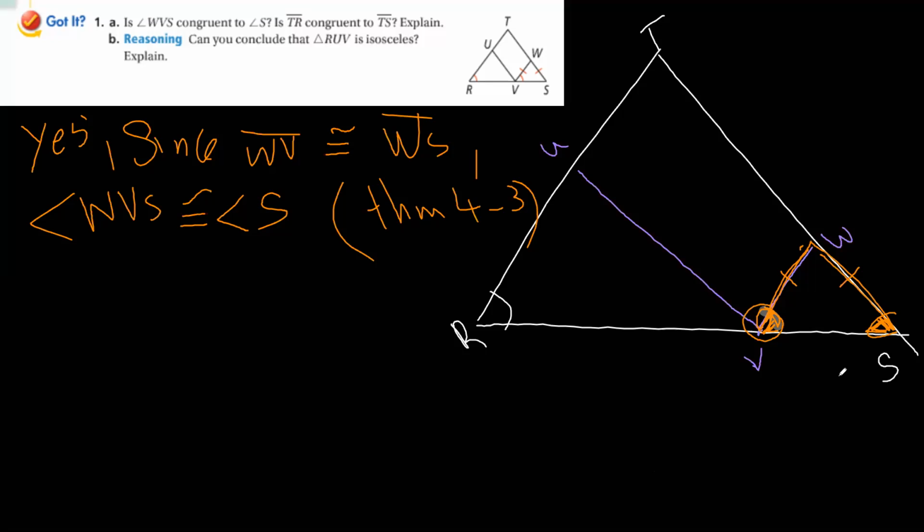Now look at this side here and this side, the yellow one. Its opposite angle is this one, and for this side, its opposite angle is this one. So this angle and this angle will be congruent. Why? Because their opposite sides are congruent. So this is because of theorem 4.3.